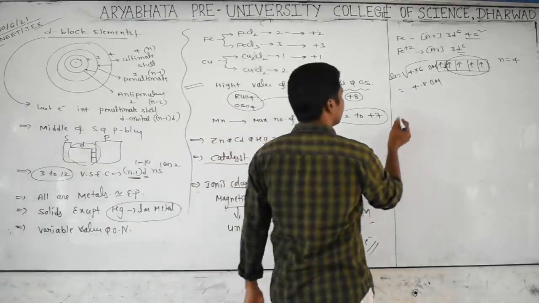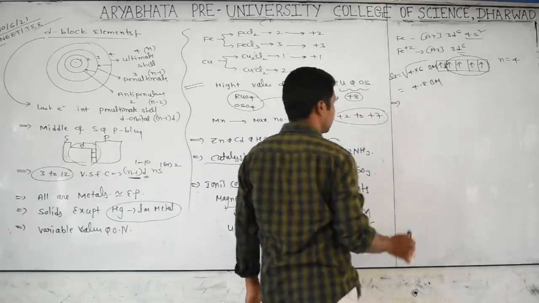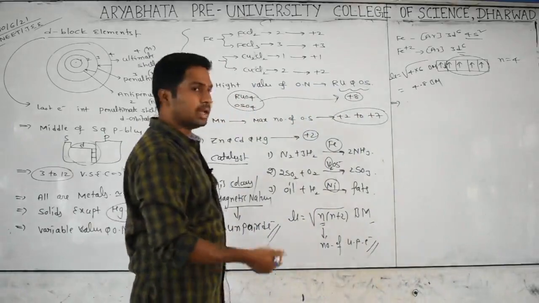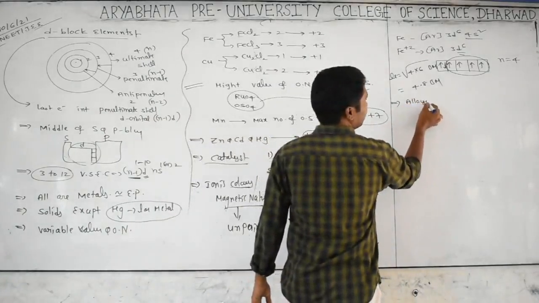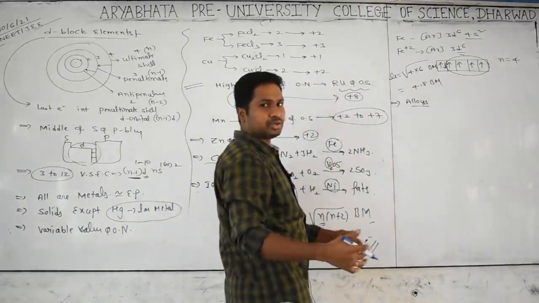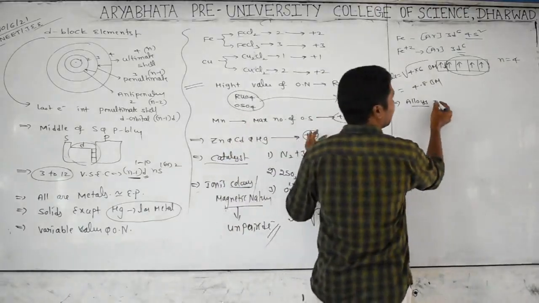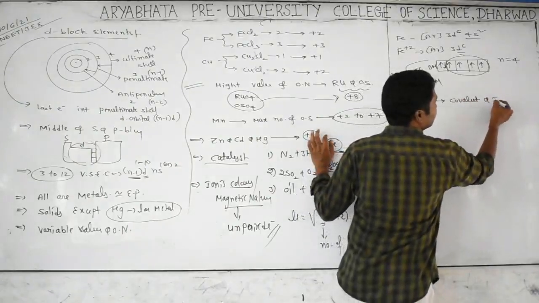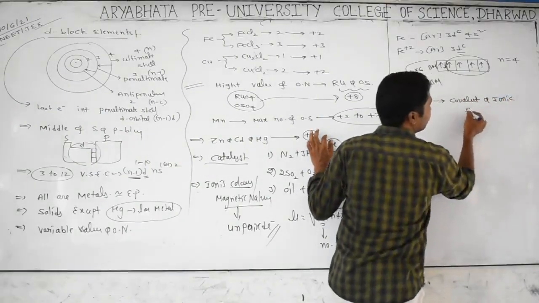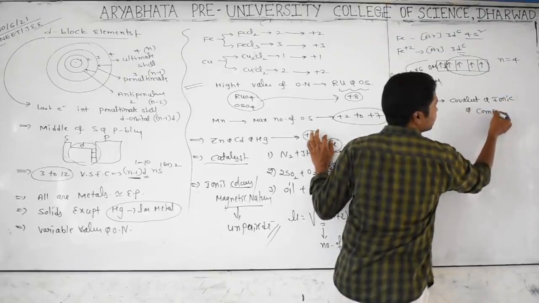Now we are going for some other things: catalyst, magnetic nature, and alloys. All d block elements form alloys also. Alloys are a mixture of metals, and they can form both covalent bonds and ionic compounds, and also form complexes.